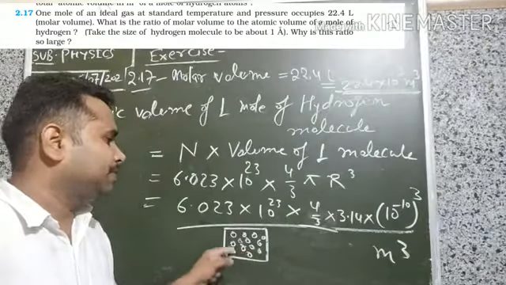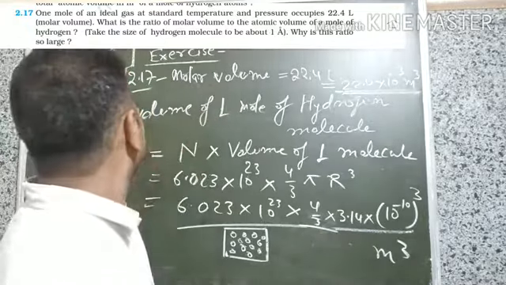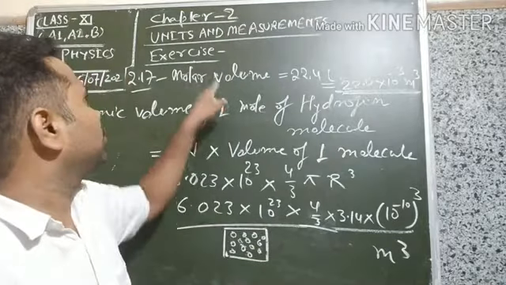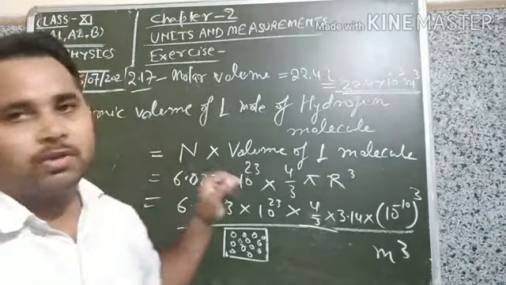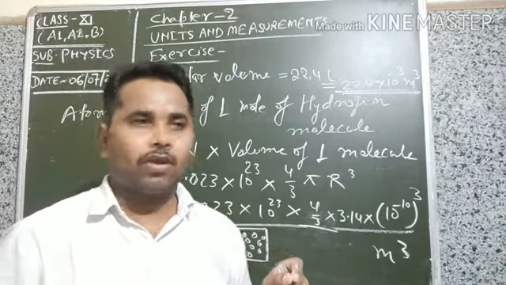The space that is in between is also included. So molar volume is greater than atomic volume. So it's your work to get the ratio of molar volume to the atomic volume, and this will be a greater quantity, big quantity. Okay.